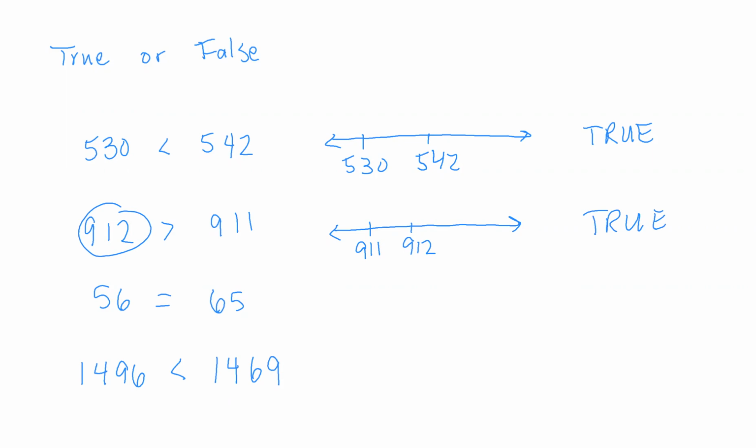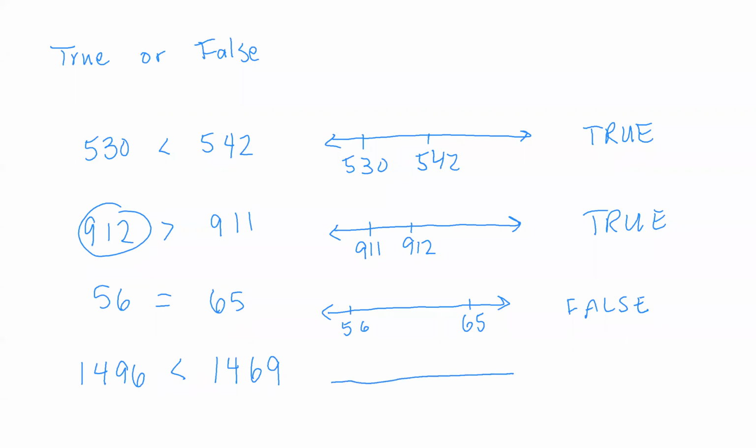Now, 56 equals 65. If you were to draw a number line, it's pretty clear to see that you have 56, and then there's a good bit of space between 56 and 65. These two numbers are absolutely not equal. This is a giveaway. This is false. And then 1,496 compared to 1,469.